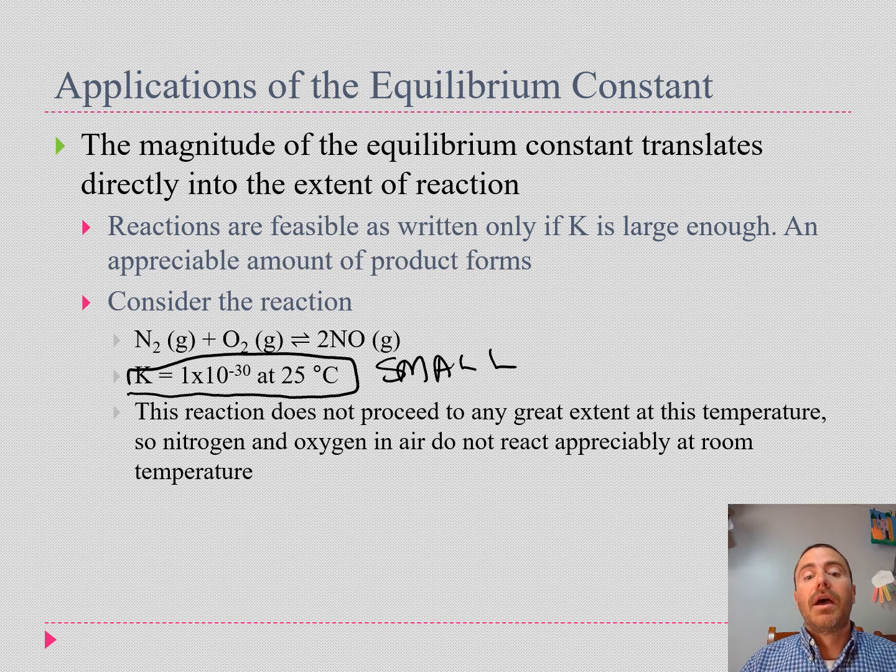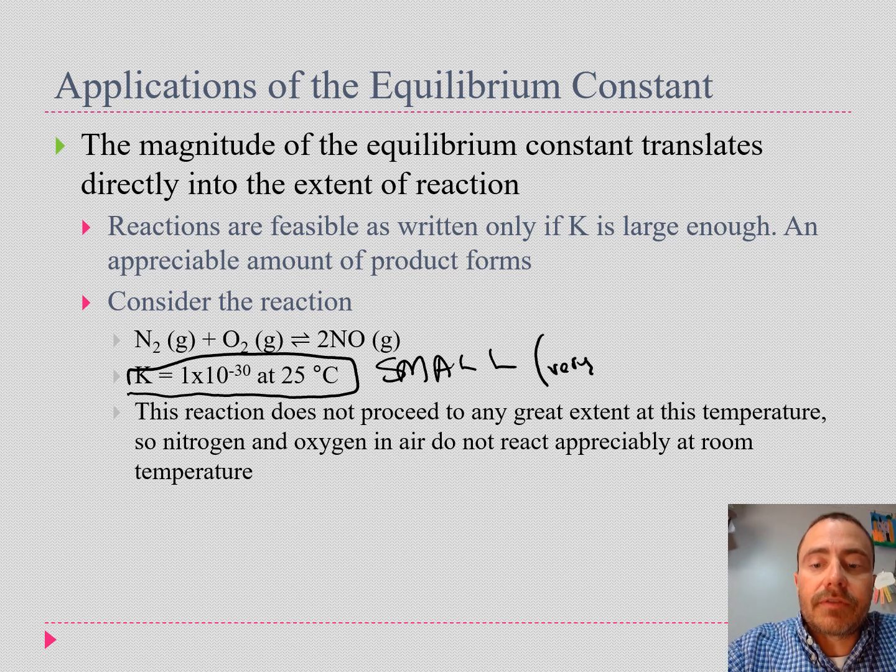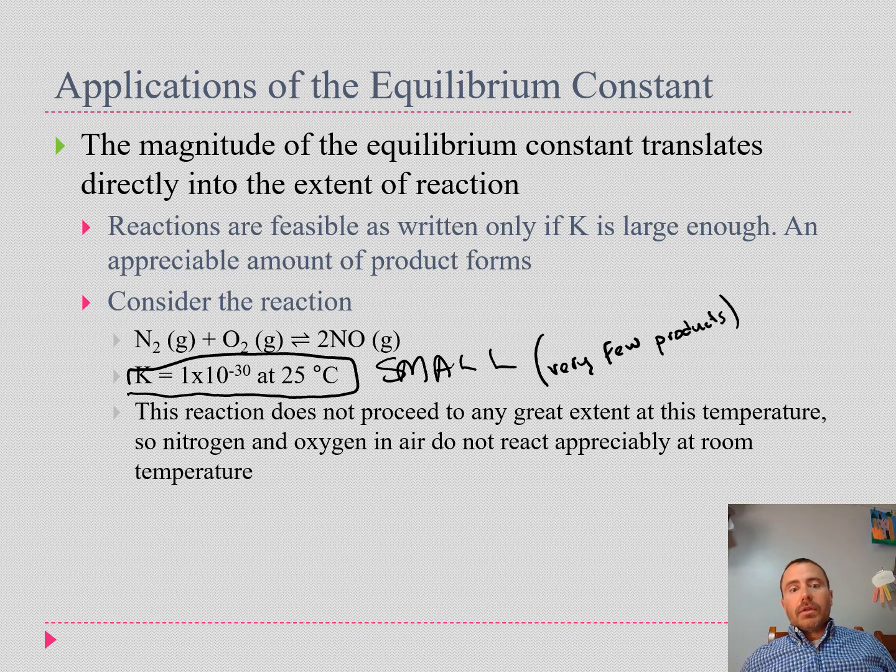This happens. But because that K is so small, that means that there are very few products. So at equilibria, there's going to be a few nitrogen monoxides, but not very many. It's going to be mostly nitrogen and oxygen.